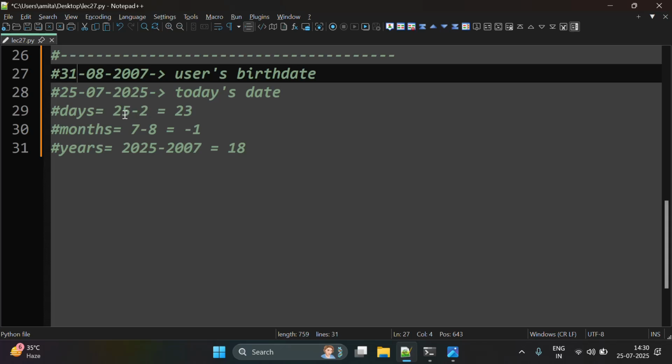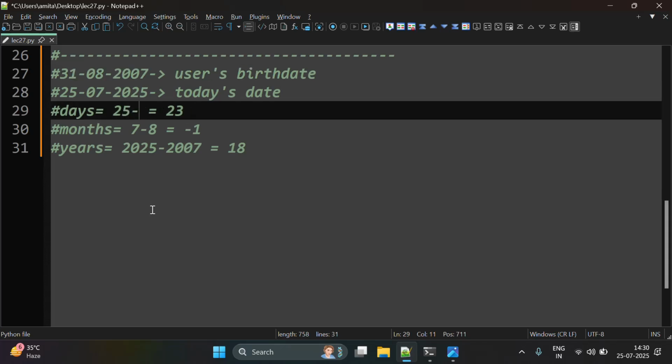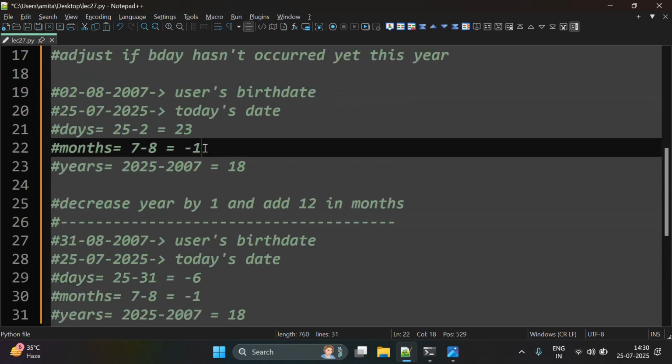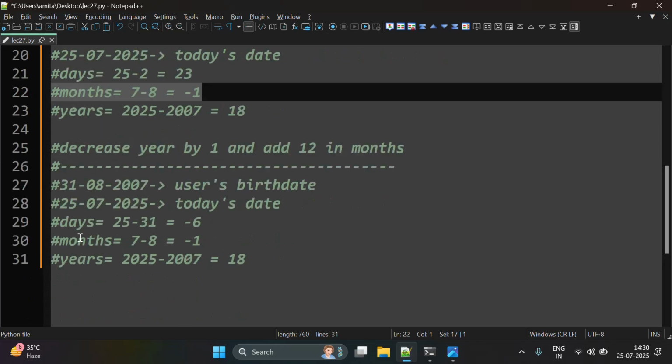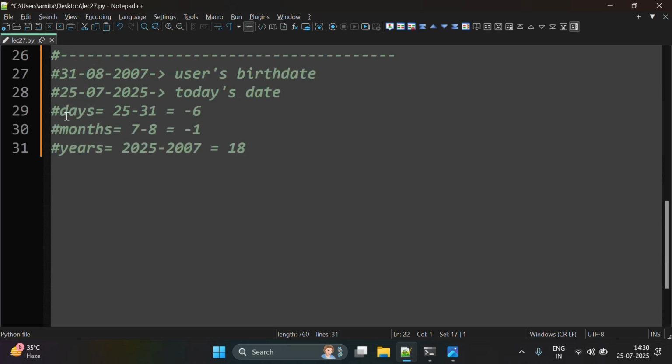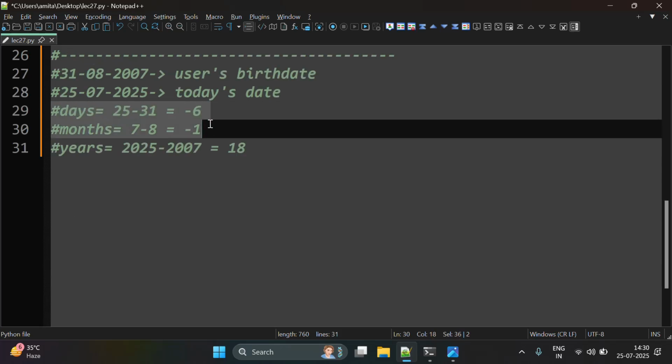Days is 25 minus 31, which is equal to minus 6, months will be 7 minus 8, which is minus 1, and year will be 2025 minus 2007, which is 18. So here days and months both are negative. In the last case only months was negative; here both days and months are negative.